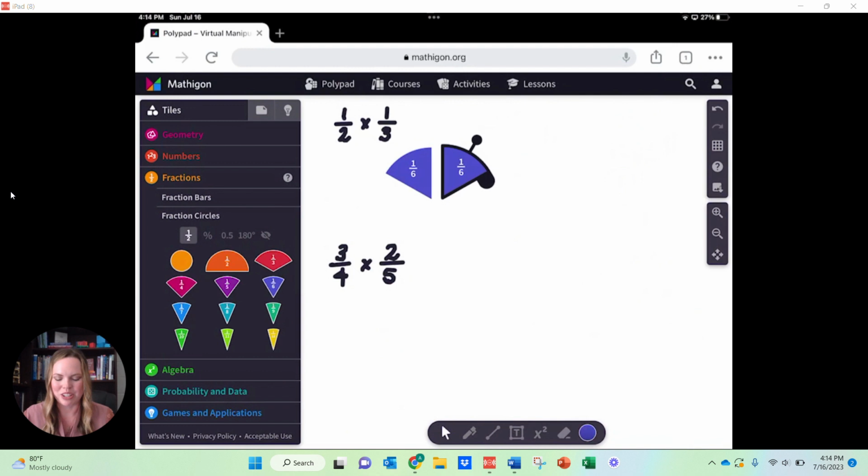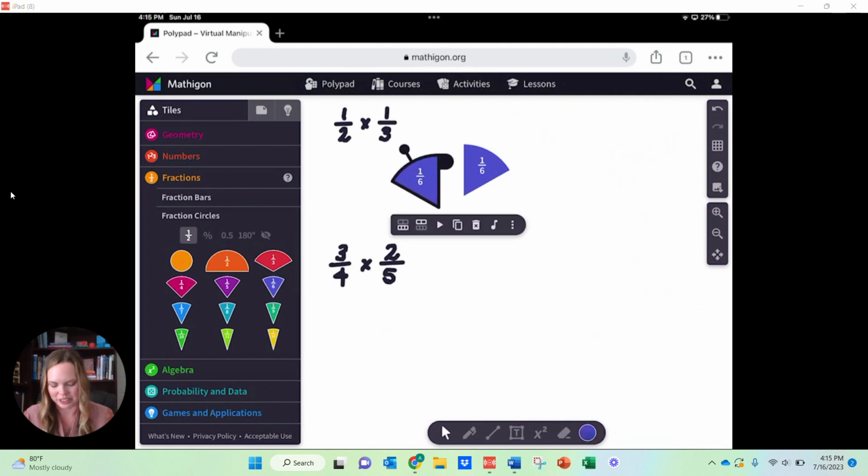I'm able to just simply multiply that 2 times 3 together, and that gets me my 6th. And I just have one piece of it, and so that's where the 1 comes from. All right, so we're left with 1/6.